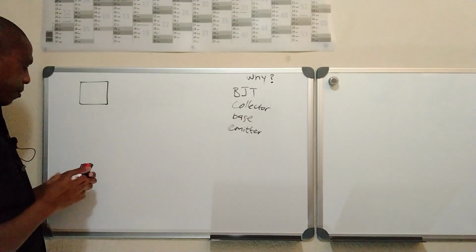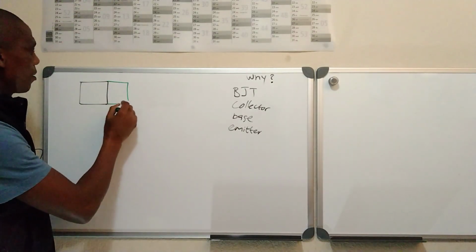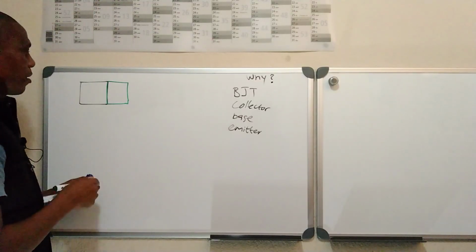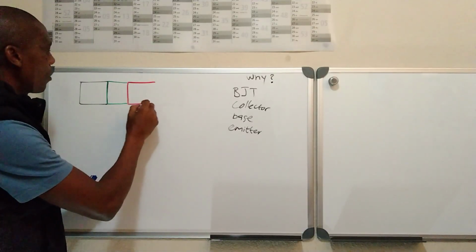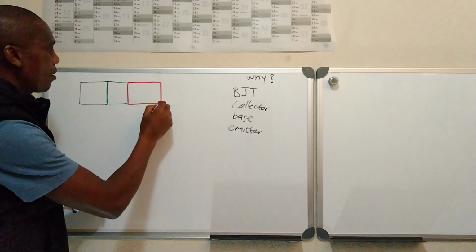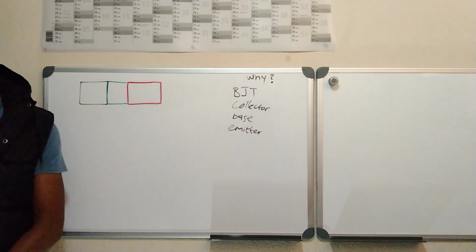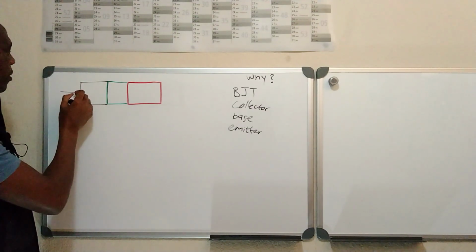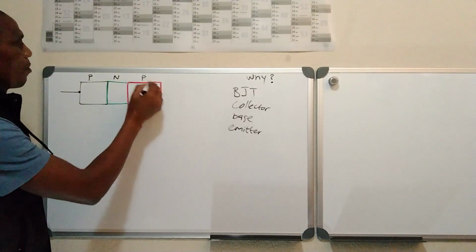This is the emitter, the base, this is the collector. Let's just assume that this is a PNP.